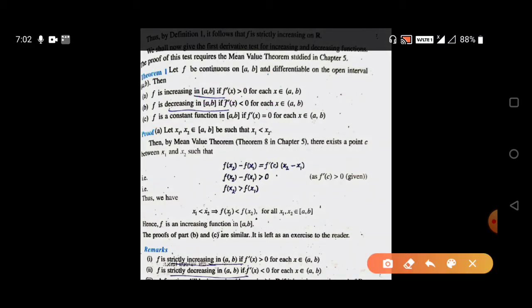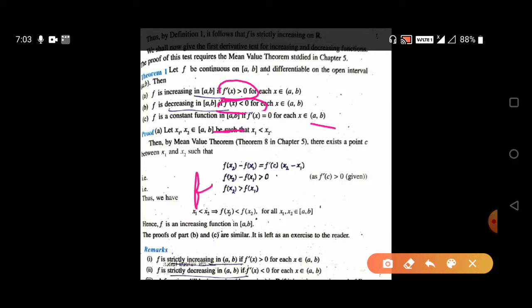Whenever it is increasing, it will be closed interval. Remember this one. f is decreasing in the closed interval AB if f dash x is less than 0 for each x belonging to the open interval AB. So for increasing, f dash x greater than 0 and for decreasing, f dash x less than 0. f is a constant function in the closed interval AB if f dash x is equal to 0 for each x belonging to the open interval AB.